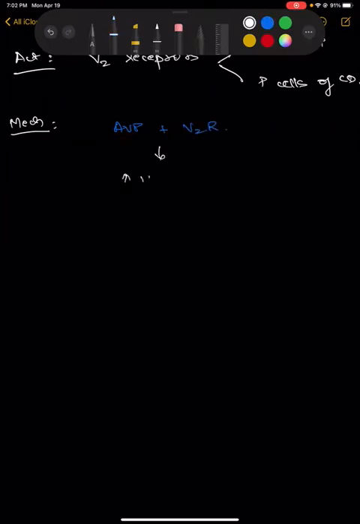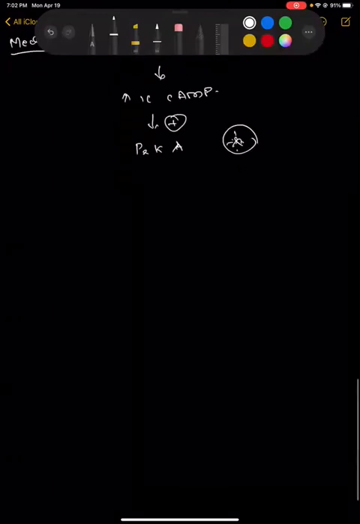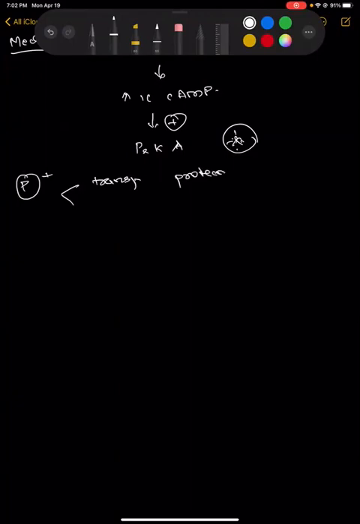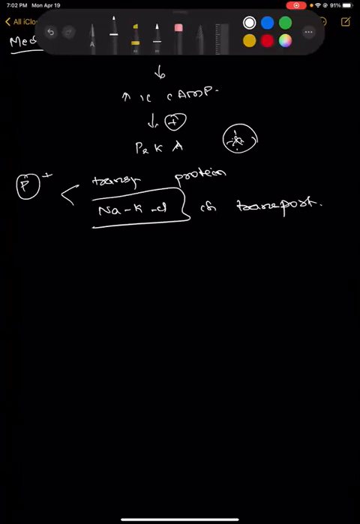It causes an increase in intracellular cyclic AMP, which further leads to activation of protein kinase A. This is the most important step, because once this happens, this protein kinase A is responsible for the AVP protein kinase A dependent sodium potassium chloride channel transport. So now we know that this channel is dependent on protein kinase A as well as on arginine vasopressin.